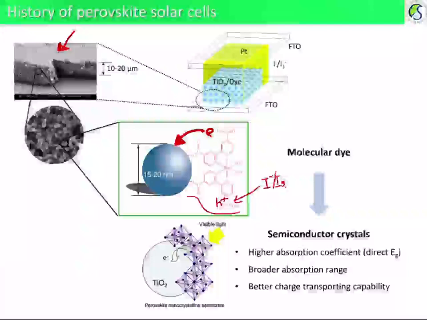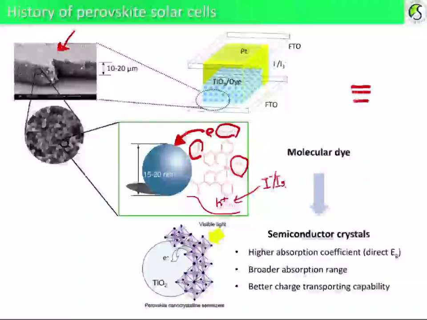And as you know, the density of state of the molecular dye should be much lower than the crystalline solid material, because in the molecular dye, we don't have many atoms to constitute the molecular orbital. So the density of the state should be low.